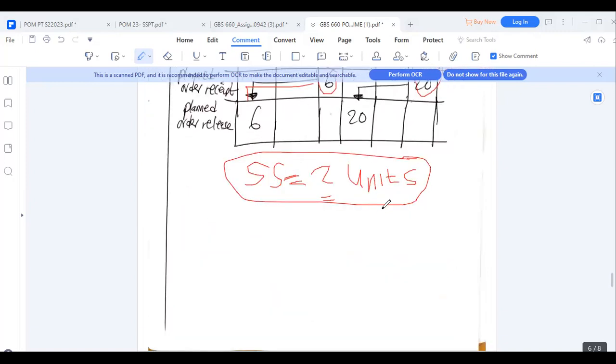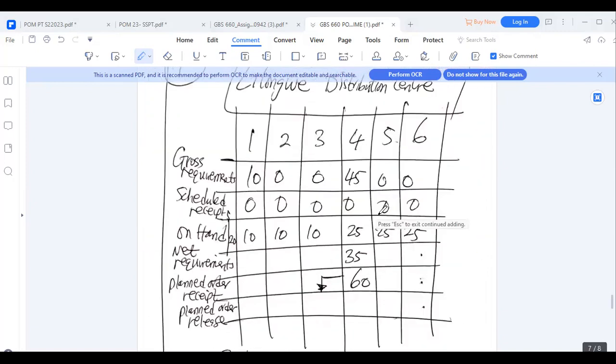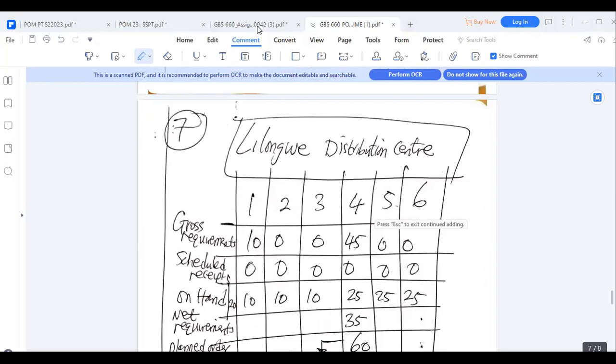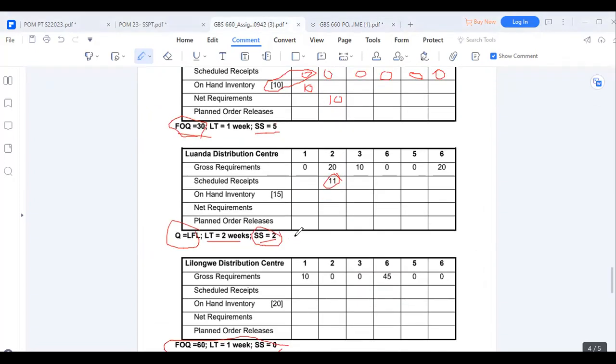Okay, so as we end on Lilongwe, which also was given, what is important is the concept. These are the demand units that were given for Lilongwe, and the scheduled receipts were zeros. Here we are using a fixed ordering quantity of 60 units regardless of demand.